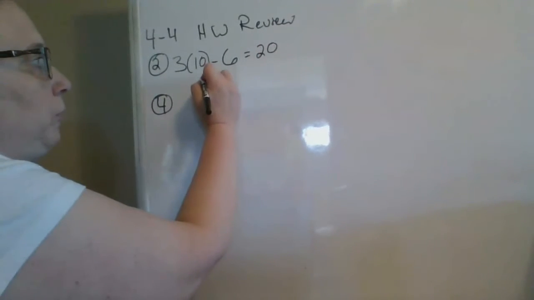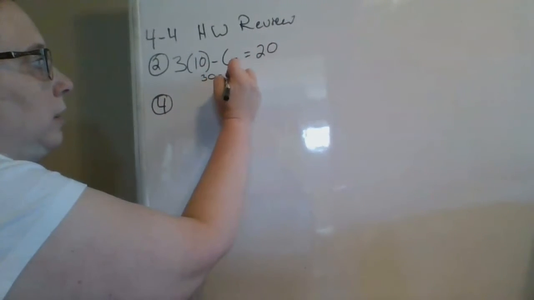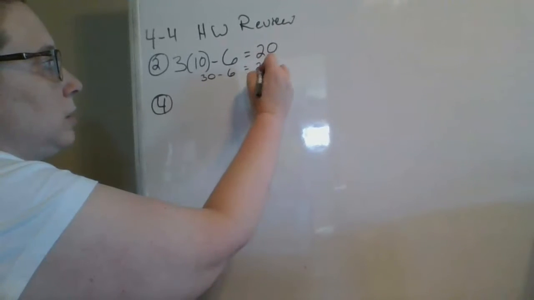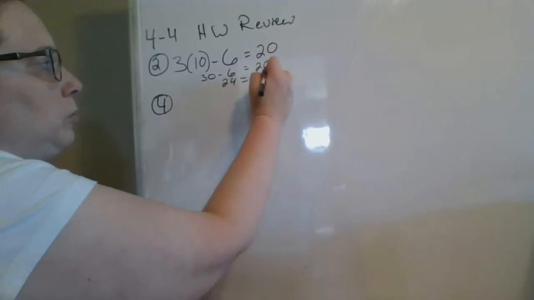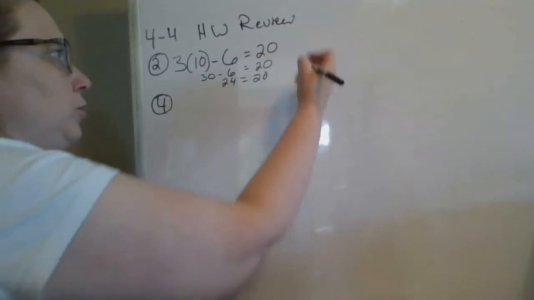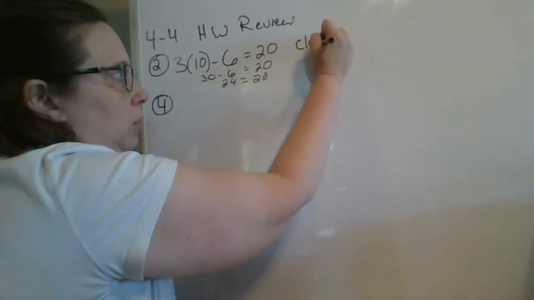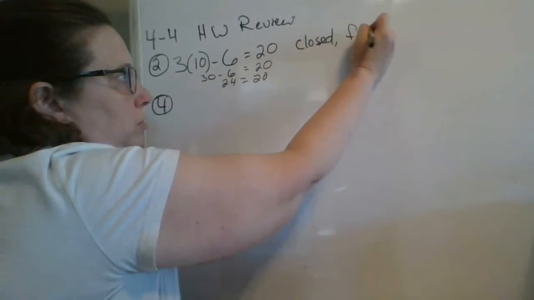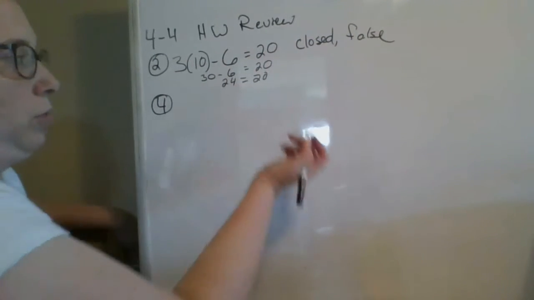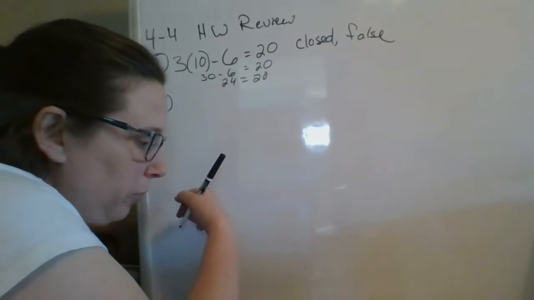We use our order of operations here and say that 30 minus 6 equals 20. So 24 equals 20. That is not true. So although this was closed, there's no variable here, it is false. Because 24 does not equal 20.